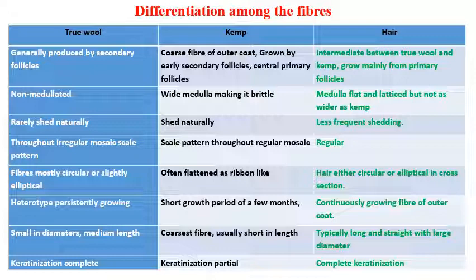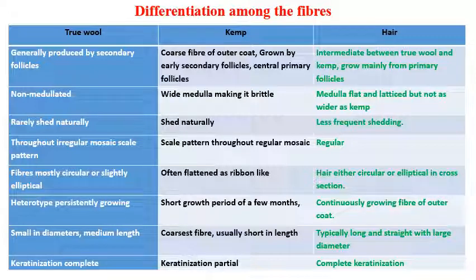In the case of wool, there will be a throughout irregular mosaic scale pattern. In the case of kemp, the scale pattern throughout is a regular mosaic, whereas in true wool it is an irregular mosaic. In the case of kemp it is a regular mosaic, and in the case of hair also it is a regular mosaic.